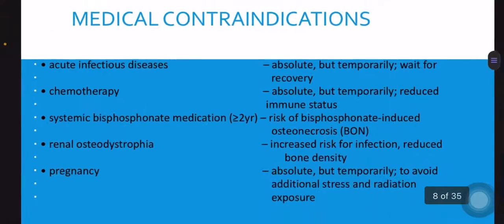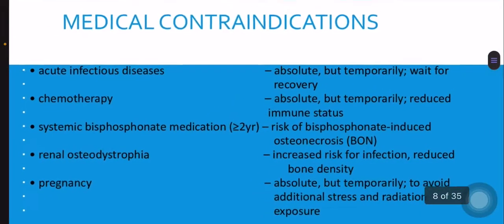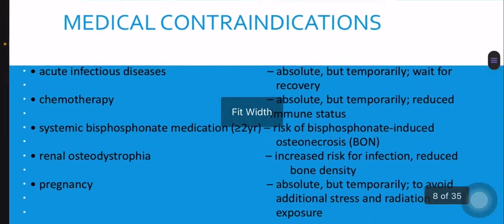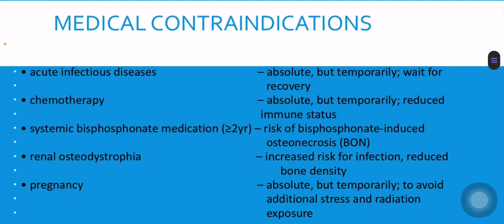Now, we have the relative contraindications. These are temporary, not long-term life contraindications. As long as the cause is removed, we can proceed, such as infectious diseases and chemotherapy. We can do it after the treatment is done.